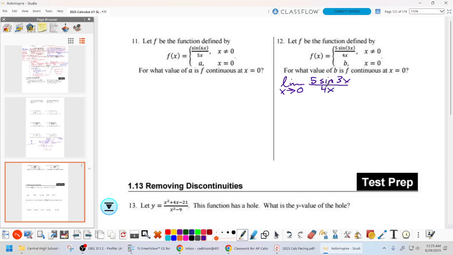And then our other one is b. Because the other side is just b, essentially we're trying to find the limit of this guy, right? Have you kind of picked up on that pattern? So we go back to 1-6, I think it was, where we manipulated our limits.